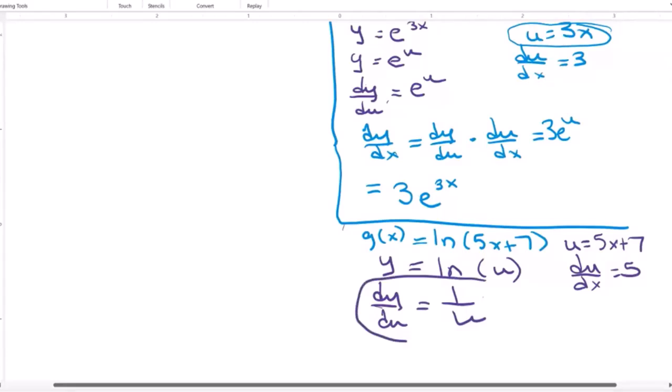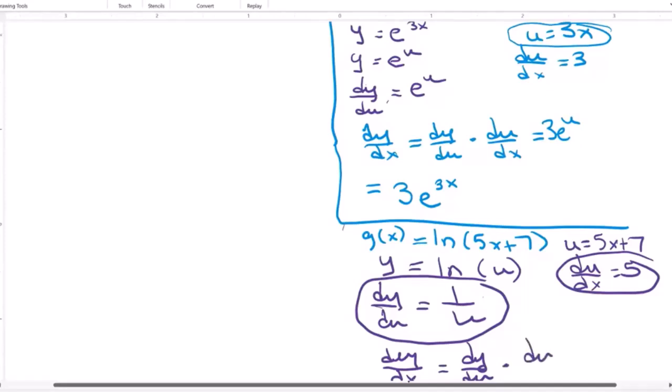So I have dy/du, I have du/dx. So dy/dx is equal to dy/du times du/dx, which is equal to, well, dy/du is 1 over u, and du/dx is 5.